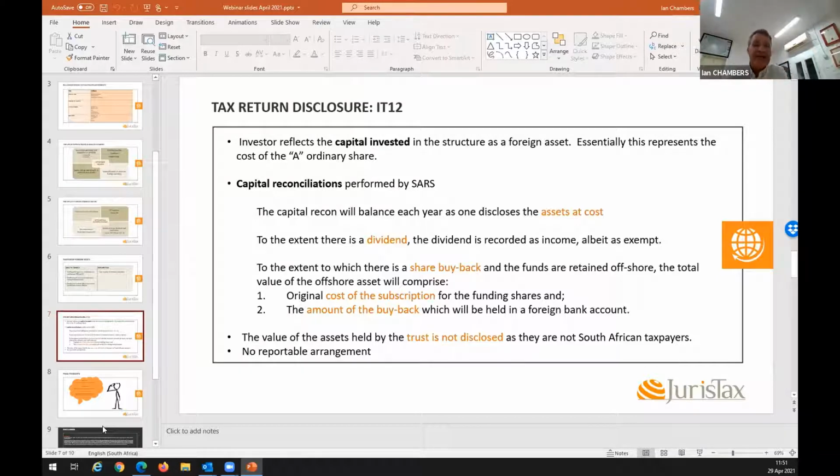But as far as foreign assets are concerned, the disclosure is broken into two items: total assets and total foreign liabilities. The investment then into the IBC as a subscription for shares would then be regarded as a foreign asset and be disclosed as such. Obviously, there were no foreign liabilities in the example.